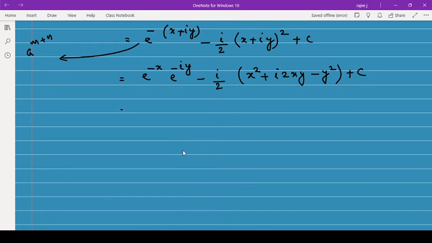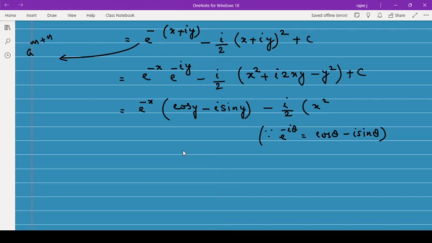So that is equal to e raised to minus x. Again, as yesterday, e raised to i theta is cos theta plus i sin theta. So here, if it is minus, minus will come. So this will be cos y minus i sin y, minus i by 2 into x square.